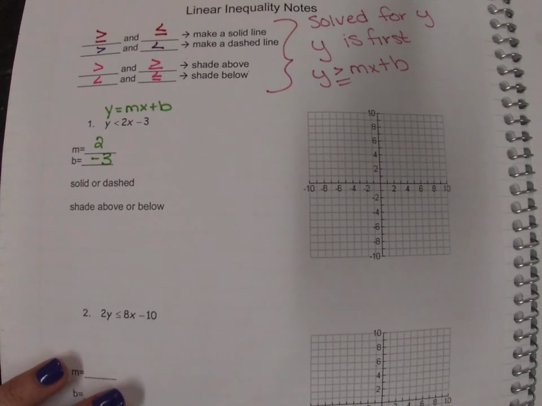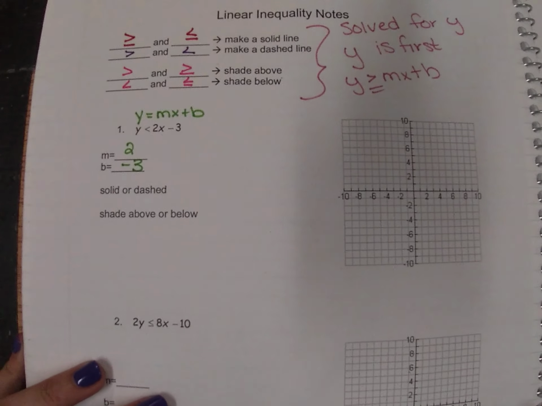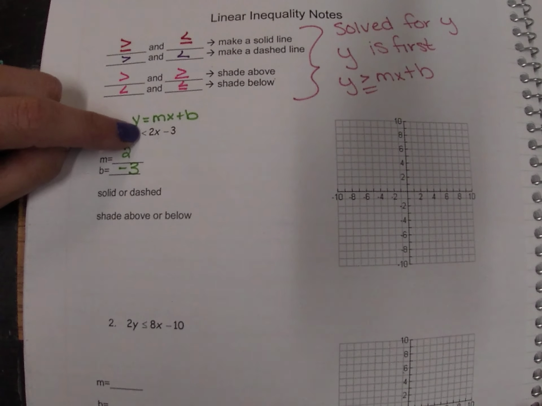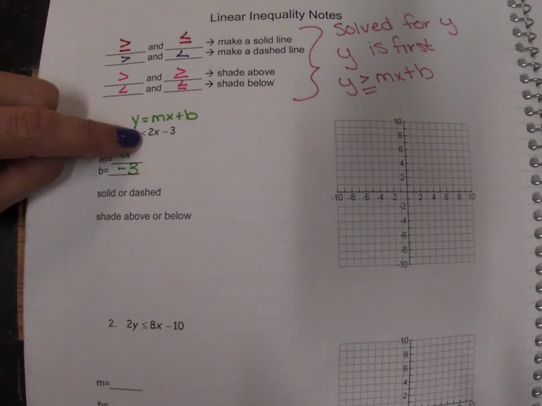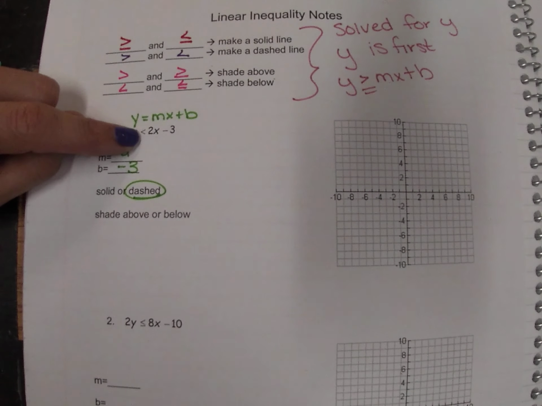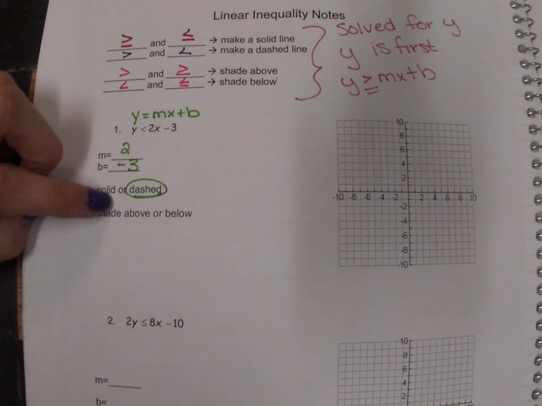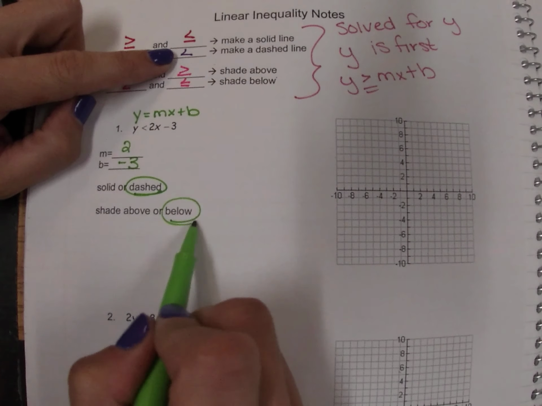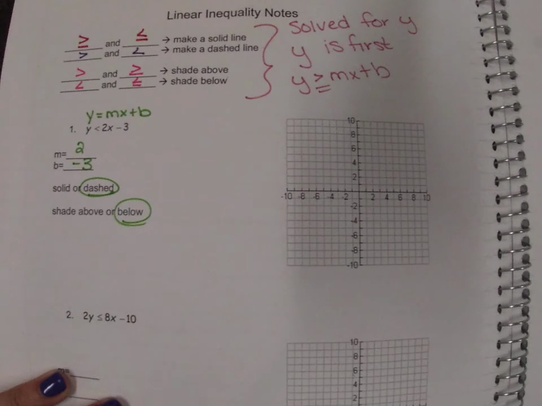So we're following those exact same rules we did with y equals mx plus b. Then we'll take our inequality sign into consideration. So this type of inequality sign tells us we want a dashed line. Less than is dashed, no solid line is dashed. And a less than also tells us that we want to shade below.